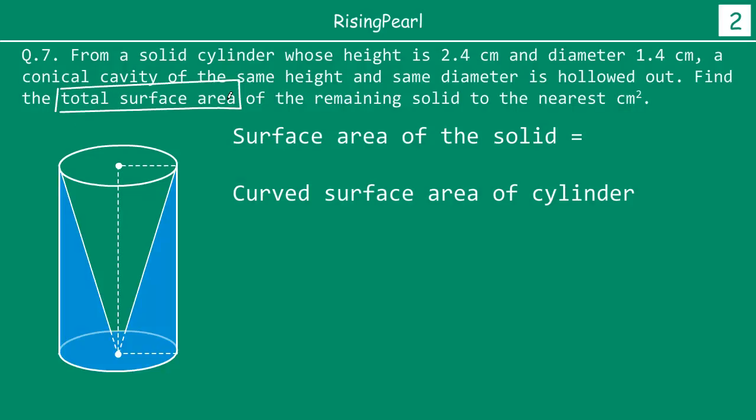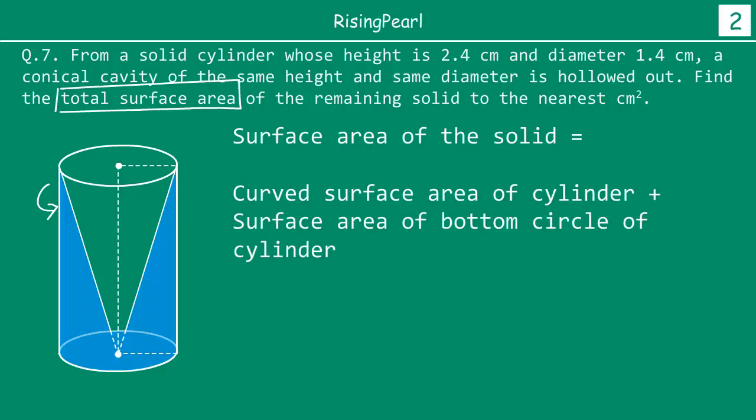If I were to paint this, what part of the total solid do I need to put the paint on? So clearly the entire curved surface area of the cylinder, right, all around you have to apply the paint.